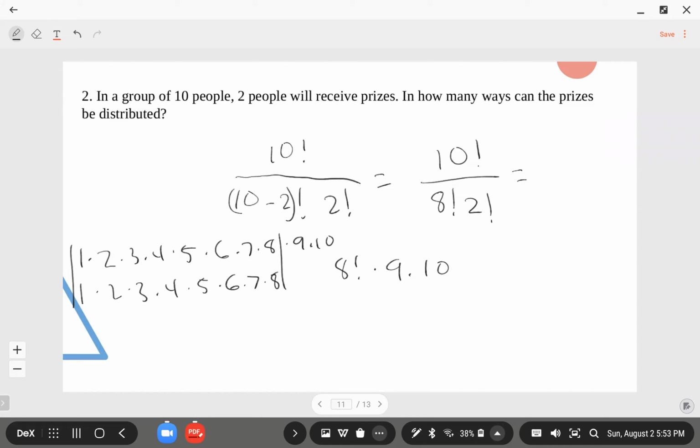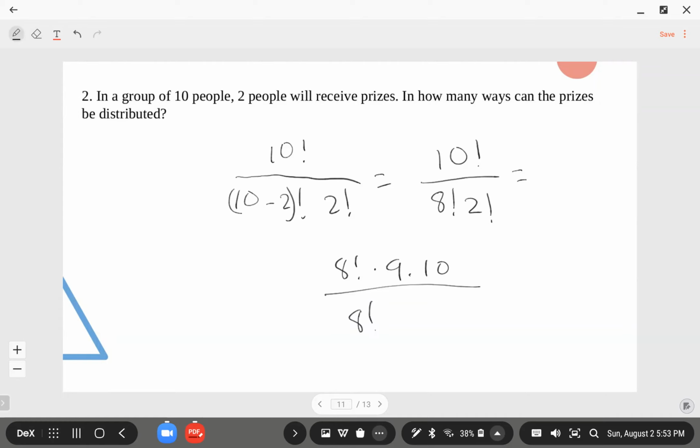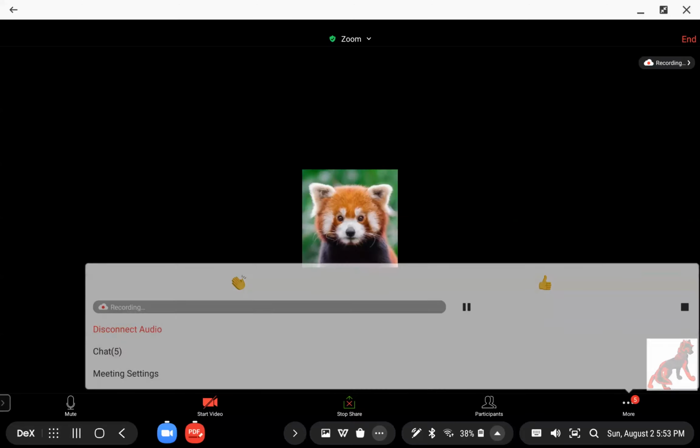And when you divide all these numbers, this cancels out. Both of these cancel out. And what do you have left? 9 times 10, right? You can cancel most of this out, and you don't have to manually punch those numbers into the calculator, okay? So you cancel this out, and then you get 90 divided by 2. And then you get 45, correct? Yes.